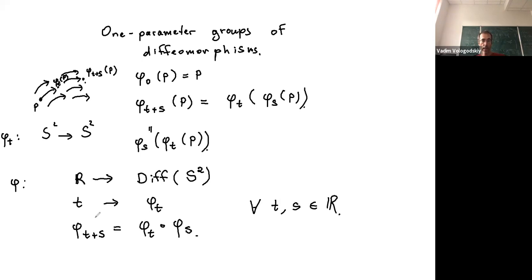When I give a formal definition, I want to draw your attention to something. Okay, so maybe first I'll give you a definition, then I comment on this. So the formal definition is the following.